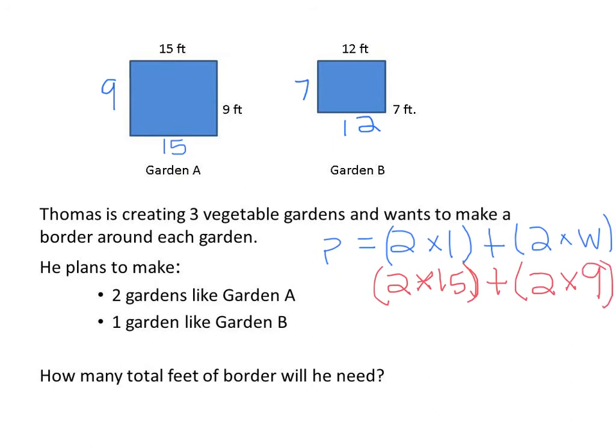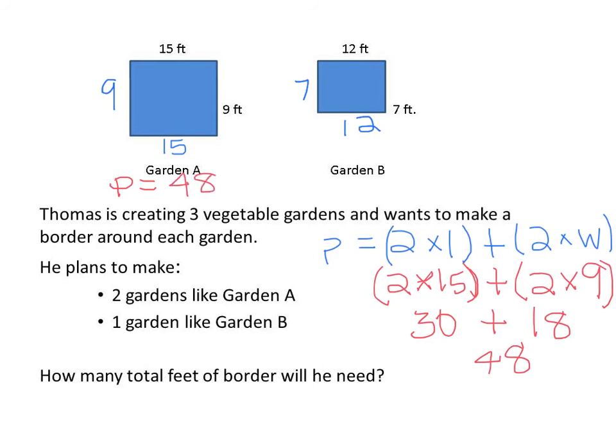Now, I know 2 times 15 is 30, and I need to add that to 2 times 9, which is 18. And I know that the sum of those two is 48. So garden A has a perimeter, and I'm going to just put P equals 48.